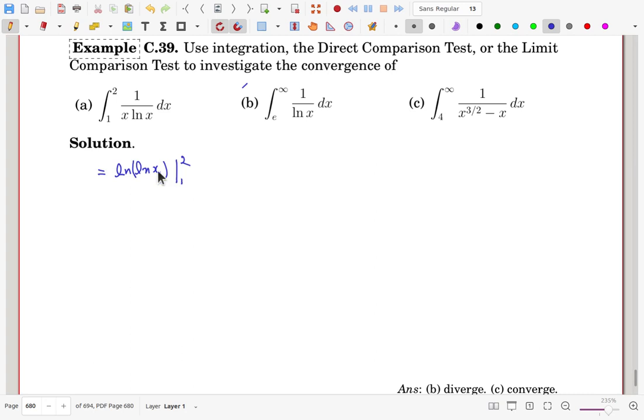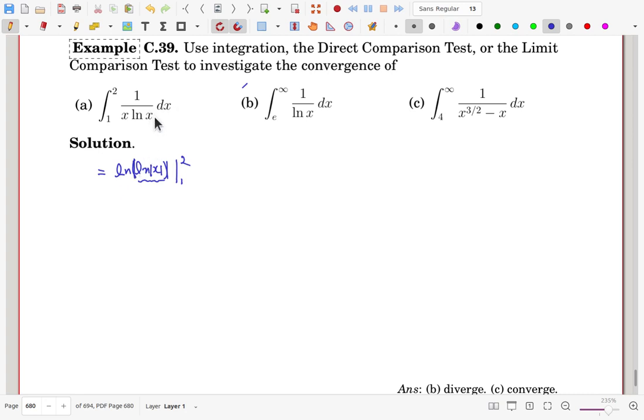In fact, you have to put the absolute value here, and again here, right? Now at 2, it's okay. But at 1, this value becomes 0, and logarithm 0 is infinity, so it is divergent.